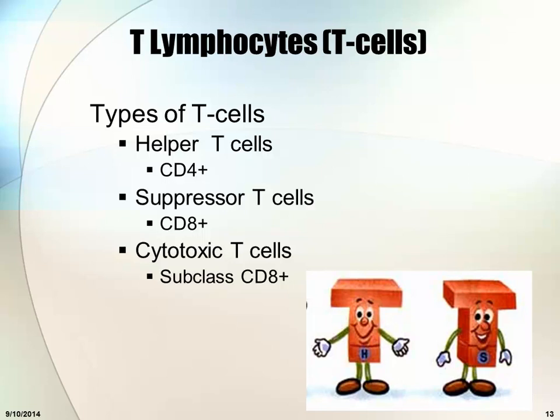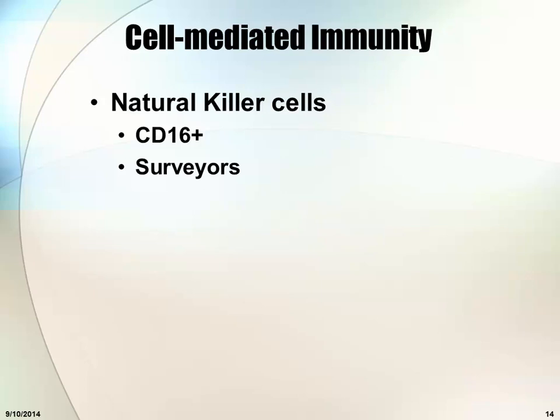You can tell there's a lot of other cells I'm leaving out. This is just to give you an idea of how to function on the floor. If you work with patients with HIV or any of the autoimmune diseases, you're going to get very involved in all these different types of cells and be an expert at that. But if you're a med-surg nurse on the floor, this is about as much as you need to know.